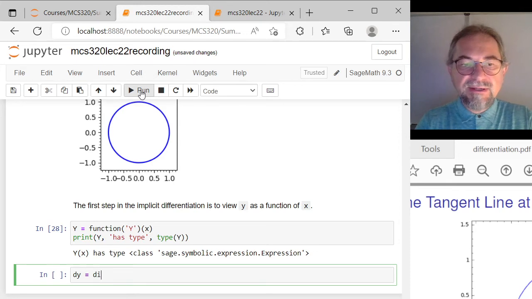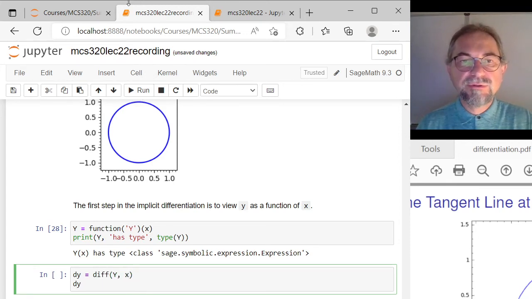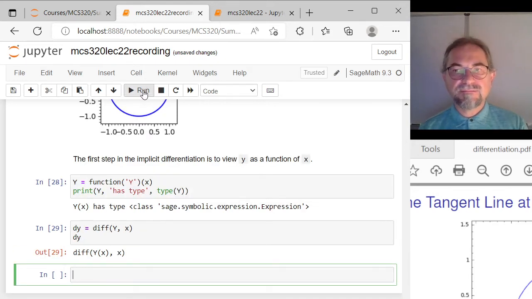I can take the derivative of the capital Y with respect to x. You see, these are things that are very important to check. We can now work with the derivative of this function.